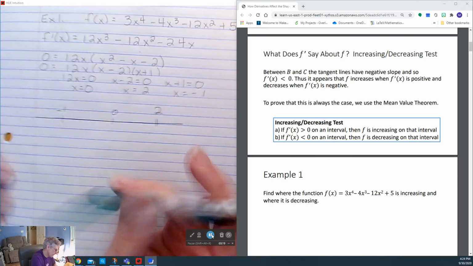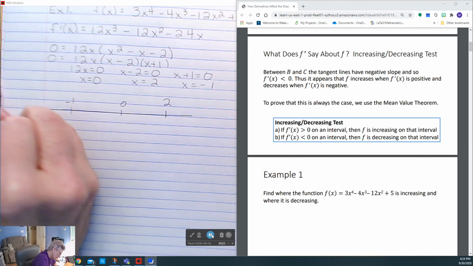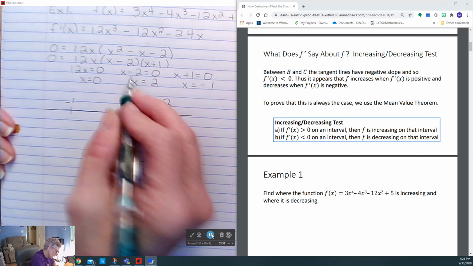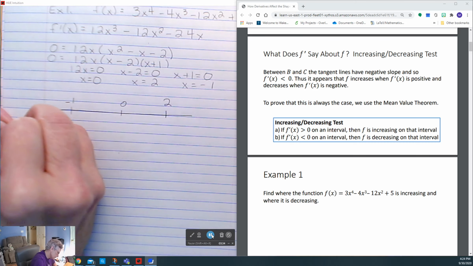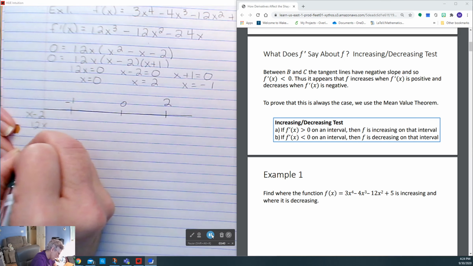Not that important right now, but I usually like to label them up top. Now, I'm going to go ahead and do a sign chart for this one. So we have x minus 2, we have 12x, I should have written that one first, and we have x plus 1.